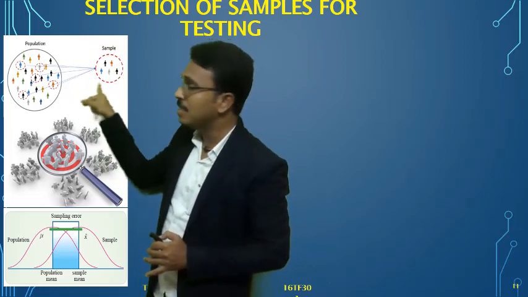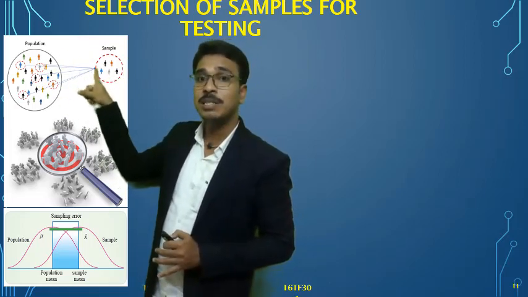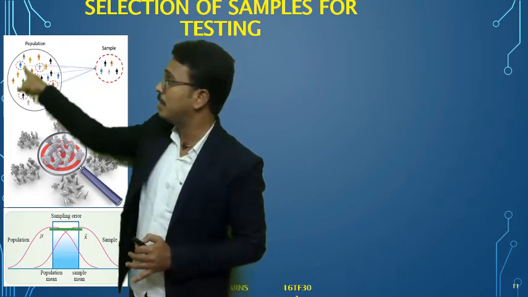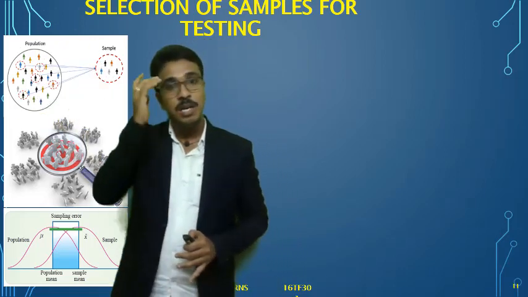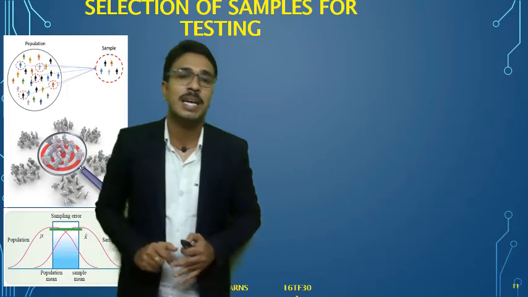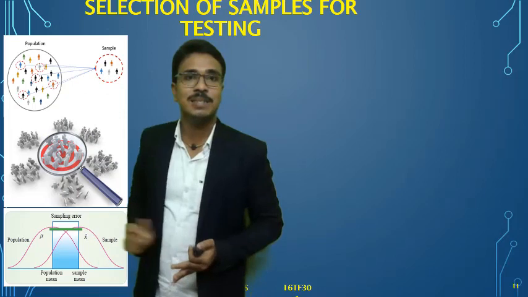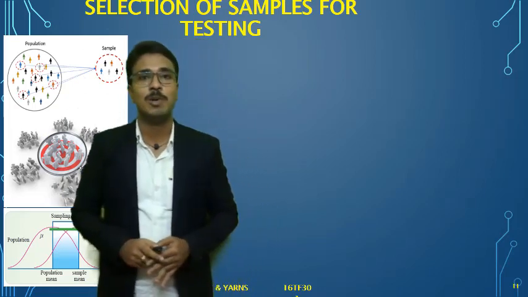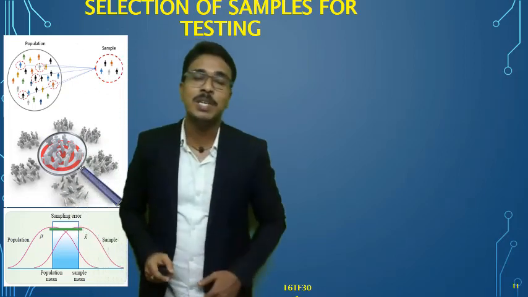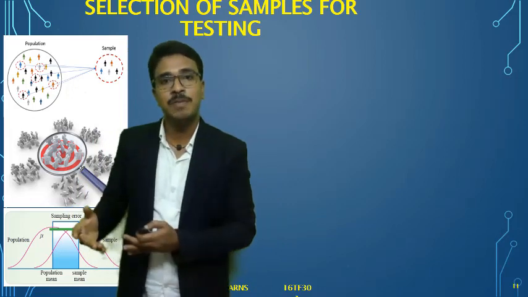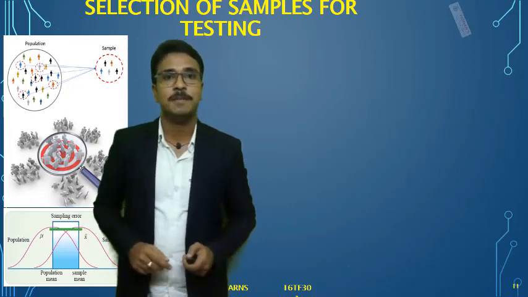Now if you test this sample, it is the true representative of the entire population. Why? Because you cannot test all the population. Why? Because it is a time consuming process and a lot of cost is also involved in it.